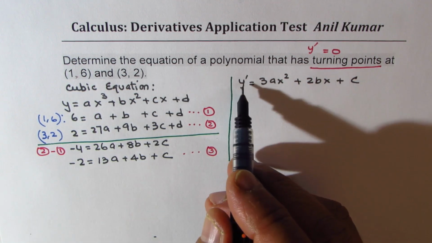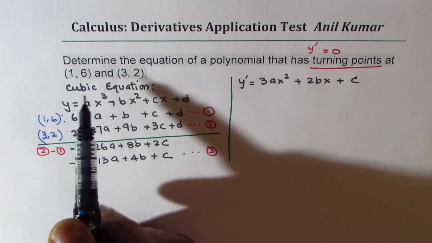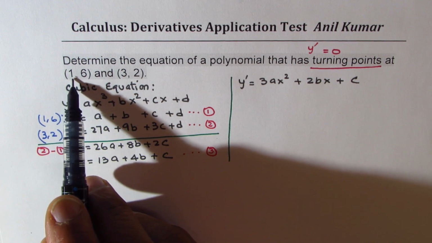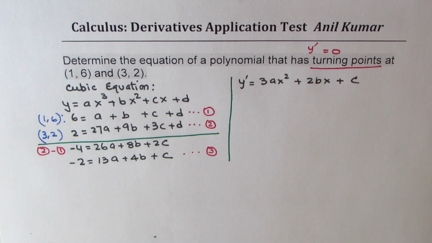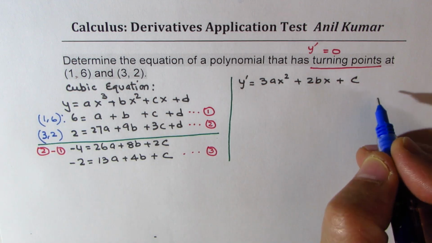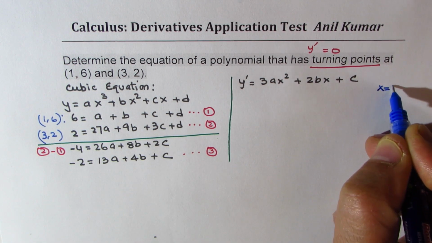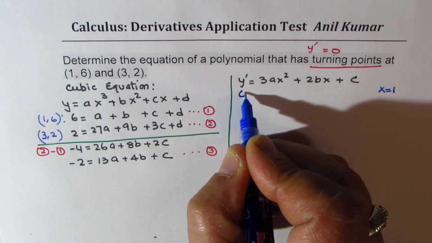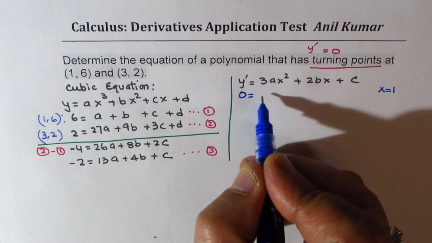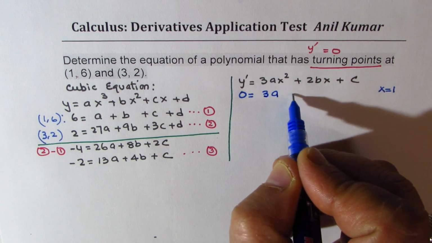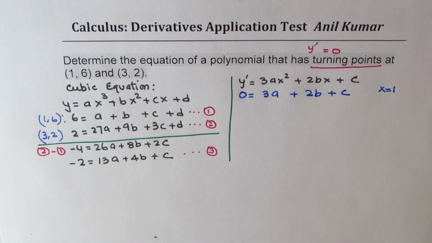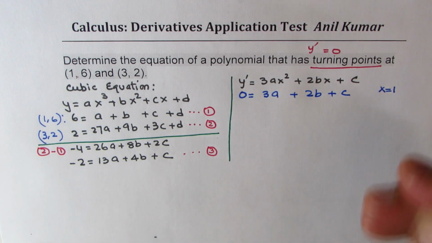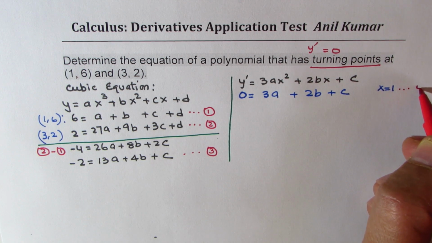And we know this derivative is 0 at x equals 1 and also at x equals 3 since they are turning points, right? So at x equals 1, this is 0. So we can write 0 equals, substituting 1 here, 3a plus 2b plus c. Correct? Let's call this our equation number 4.